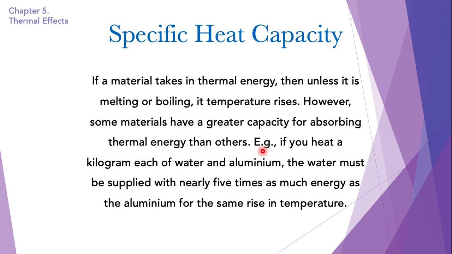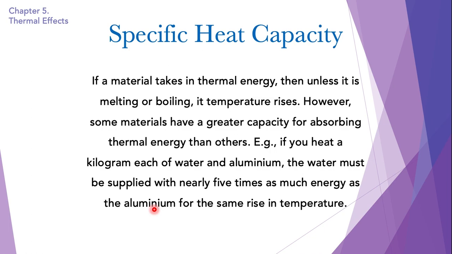So this basically tells us that water has a higher specific heat capacity than aluminium. Because water can absorb thermal energy more than aluminium, it is supplied with nearly 5 times as much energy as the aluminium for the same rise in temperature.